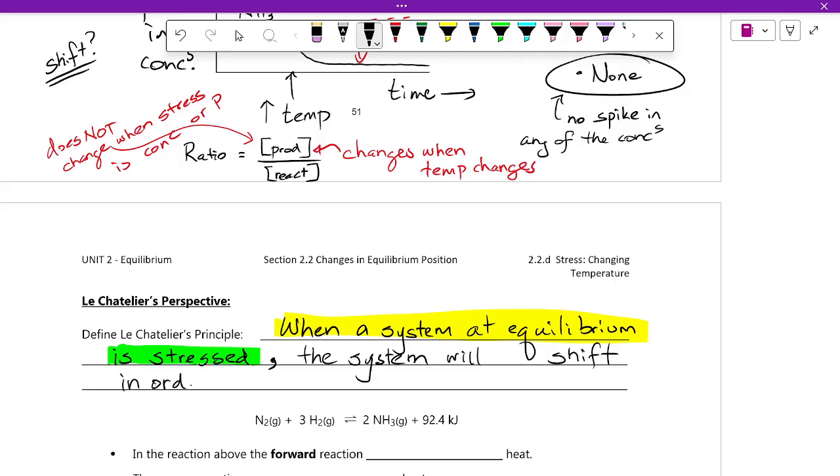So the system will shift back into equilibrium, in order to relieve the stress or minimize the stress.